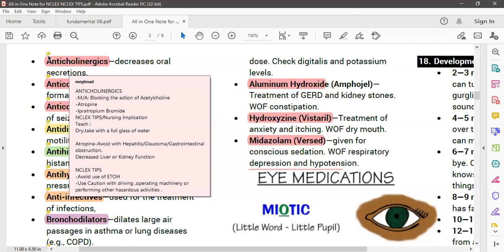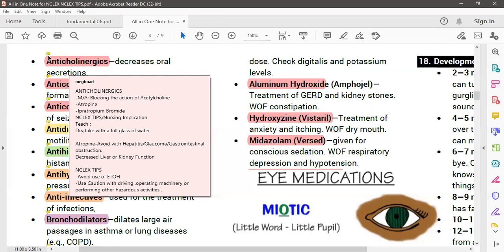Also, it is very important to know that ipratropium bromide has some common side effects. For example, if your patient has narrow angle glaucoma and you give them ipratropium bromide, it can worsen the narrow angle glaucoma.